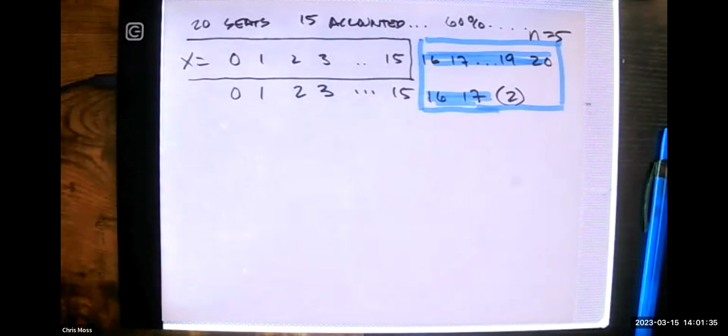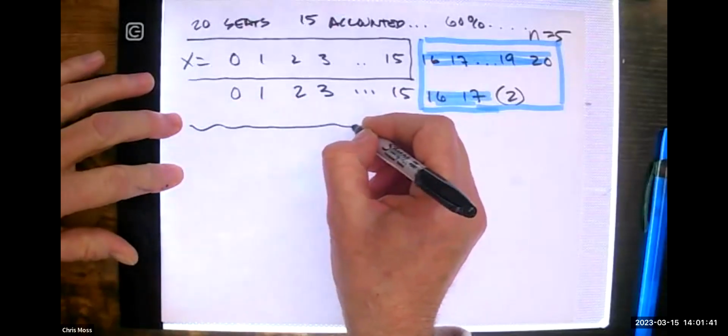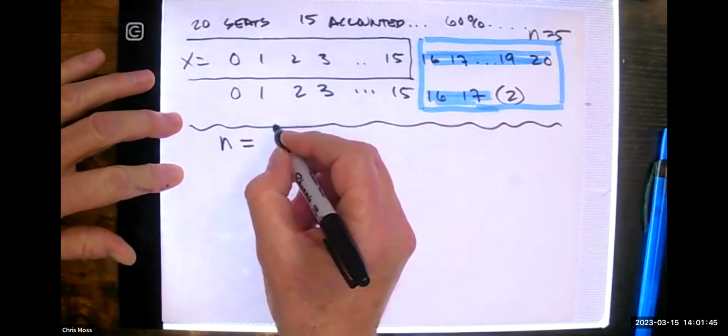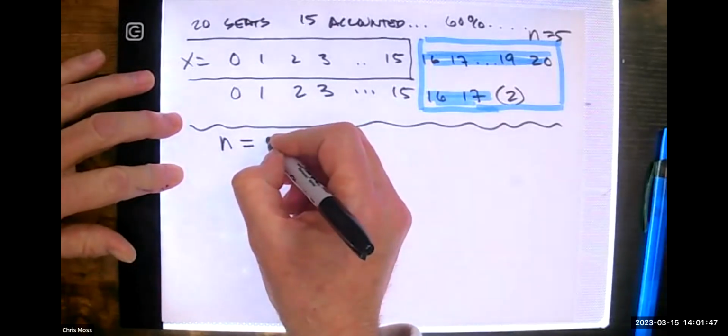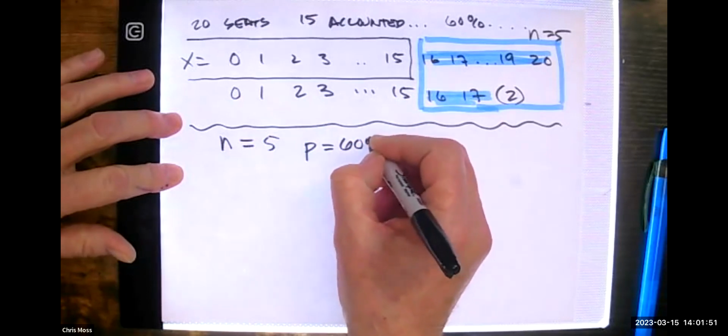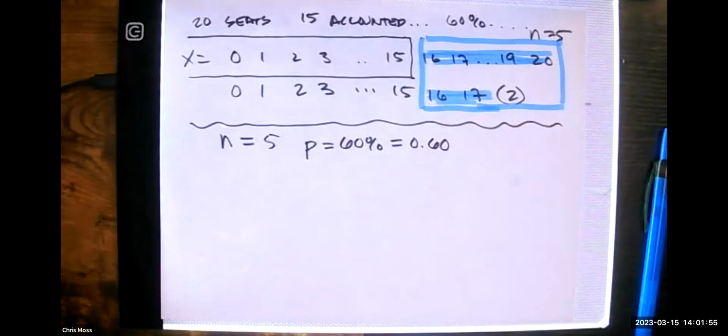All right. Now, our problem is really not this guy up here at all. It's really this one here. N is equal to 5. P is equal to 60% or 0.60. Where'd you get the 5?